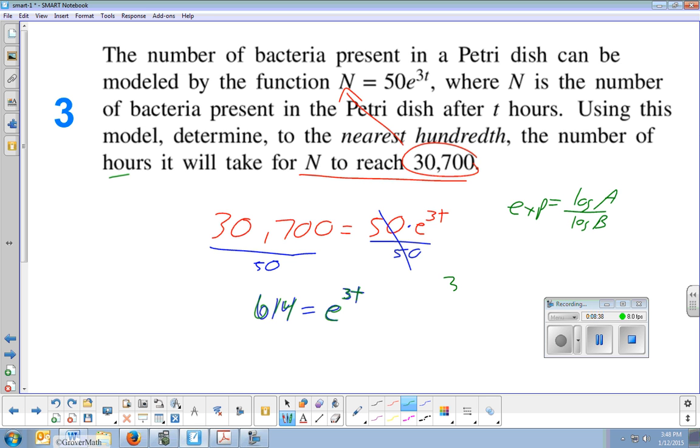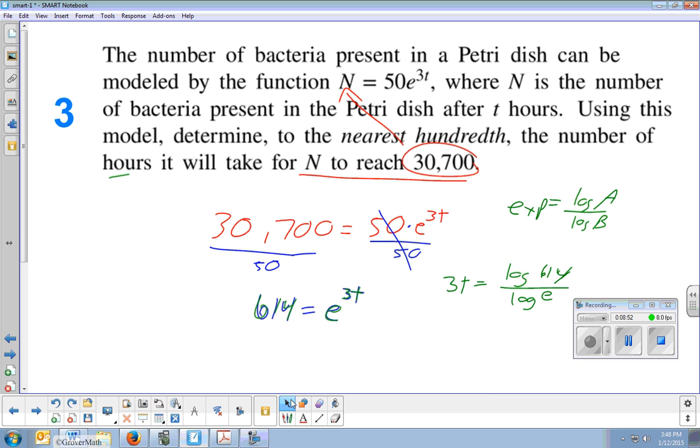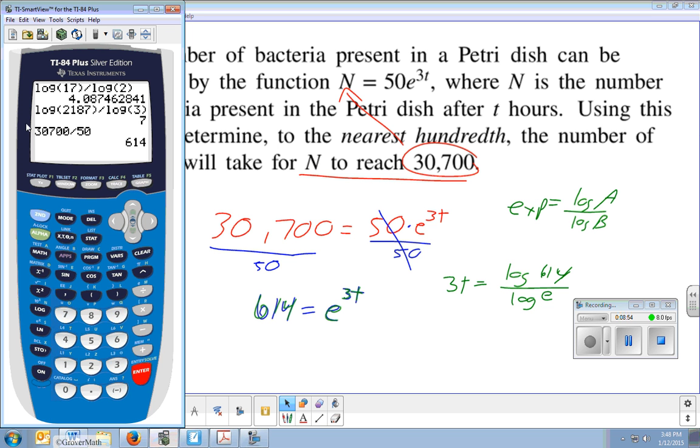So my exponent, 3t, will be the log of 614, which is the answer, divided by the log of my base, which is e. Let's move that over a little bit and simply type this in. So let me clear, get a fresh screen. Log 614, close parentheses, divide log e.